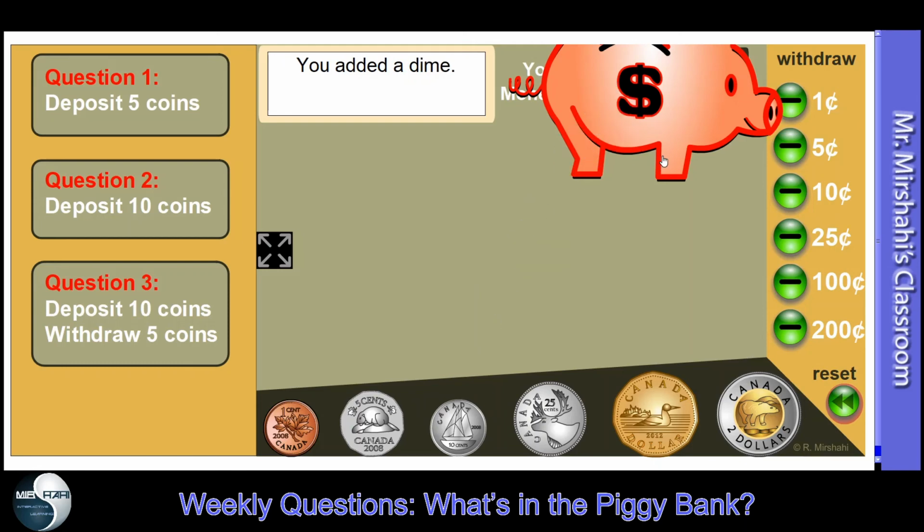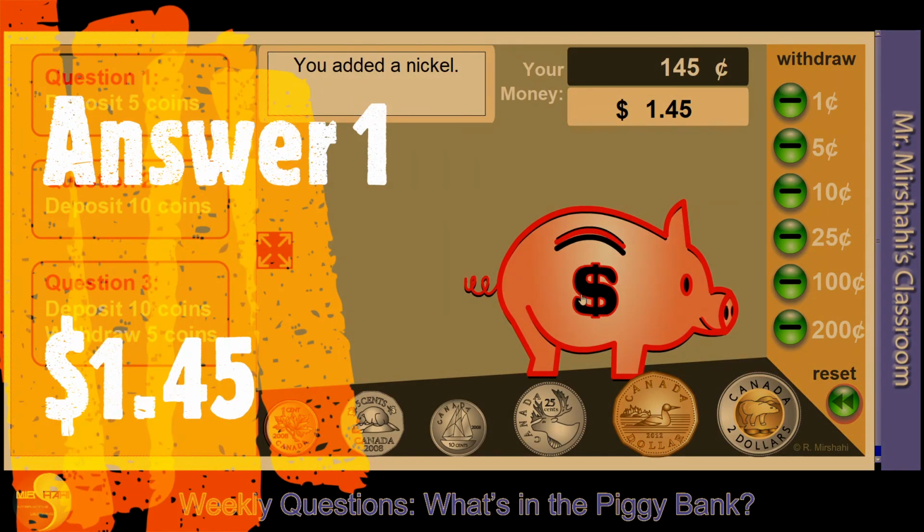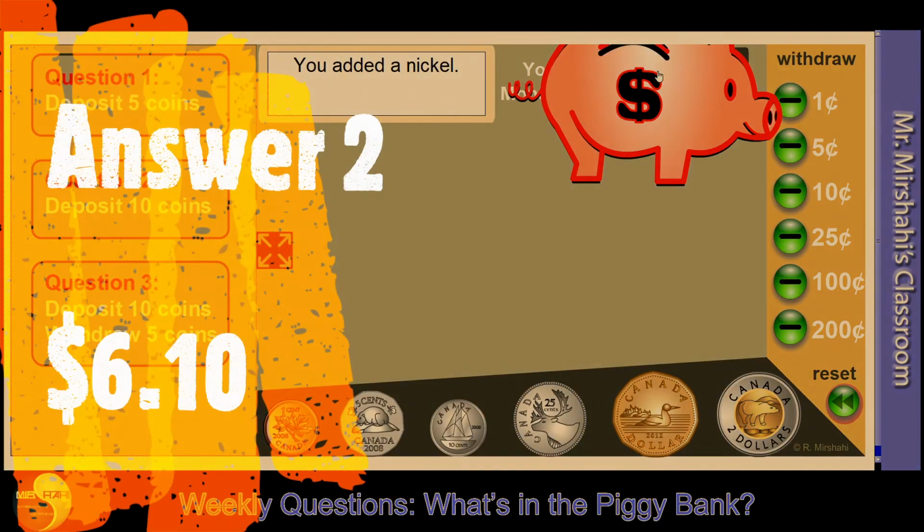Now 5 coins out. 1, 2, 3, 4, 5. All of them quarters. How much money is there? The answer is $1.45. $1.45.